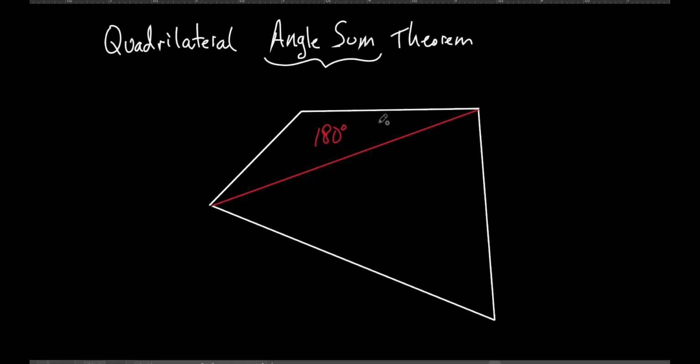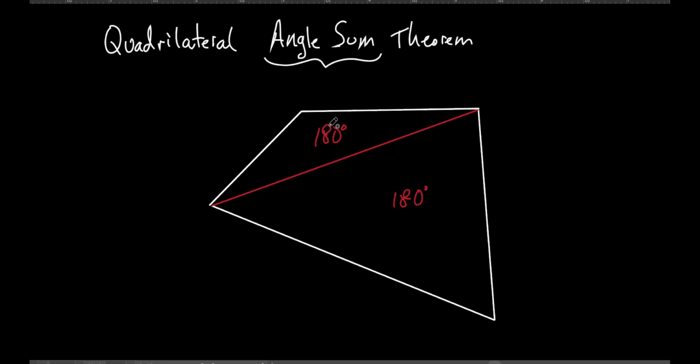So this skinny little triangle right here, all the angles add up to 180. Would you agree? What about this second triangle, this fatter triangle right here? What do all those angles add up to be? 180. Everybody see it? The angles here add up to 180.